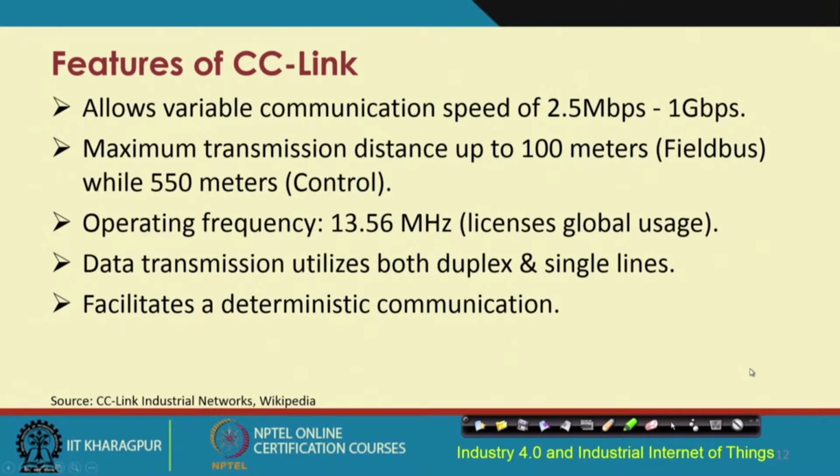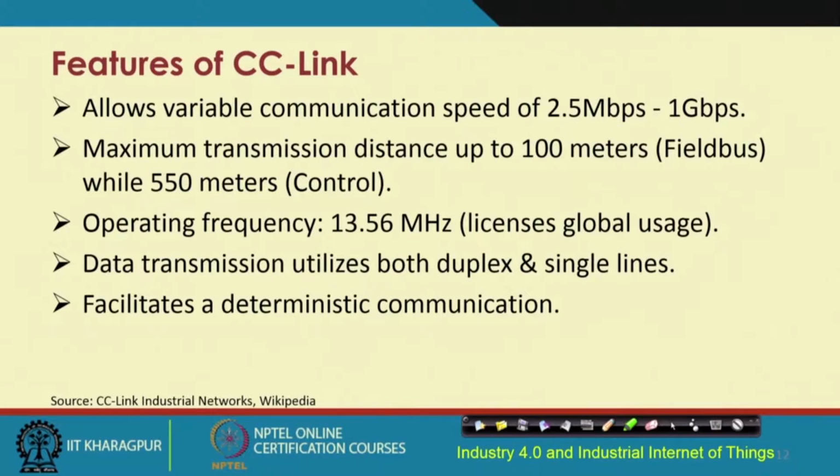So, overall the communication speed is quite varied in CC link, from 2.5 Mbps to 1 Gbps. The transmission distance supported is 100 meters for field bus and 550 meters for control.